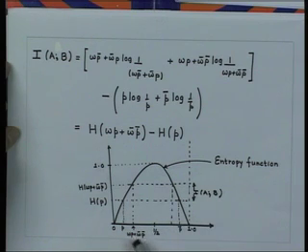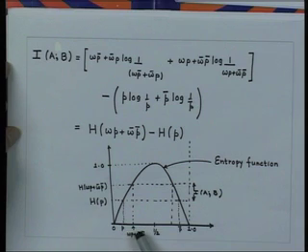Now, wP plus w bar P bar is a point which lies between P and P bar, because w is the probability of occurrence of input symbol 0, which lies between 0 and 1.